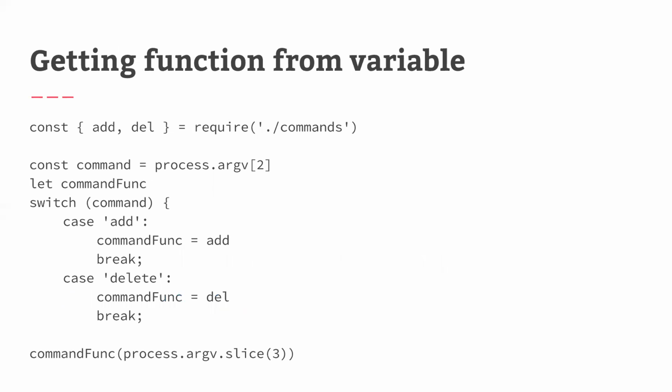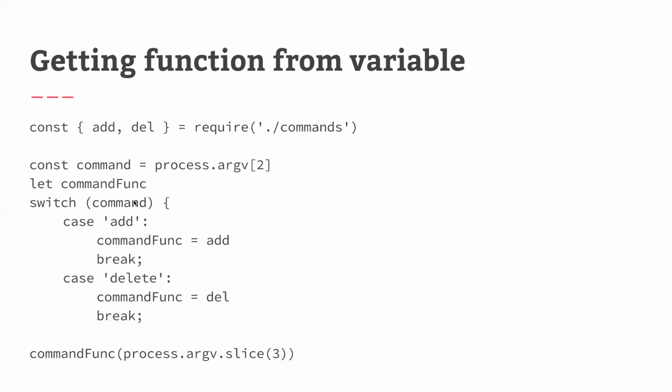And then command is process.argv[2], meaning I'm going to say node tasks and then whatever the command is. Now I'm going to do a let command func here, and we'll talk about let in just a minute. Basically, I'm just defining that command func is something that I might want to change later. I'm not giving it a value, that's okay.